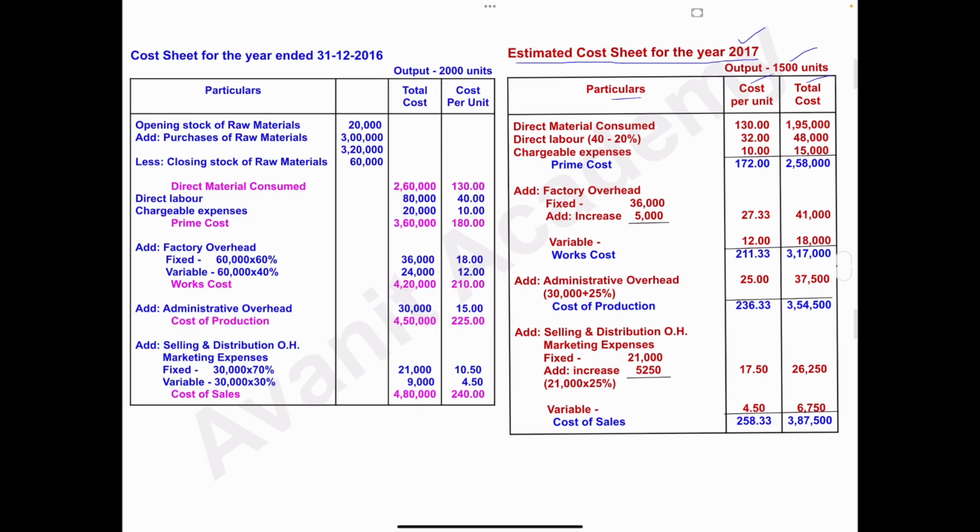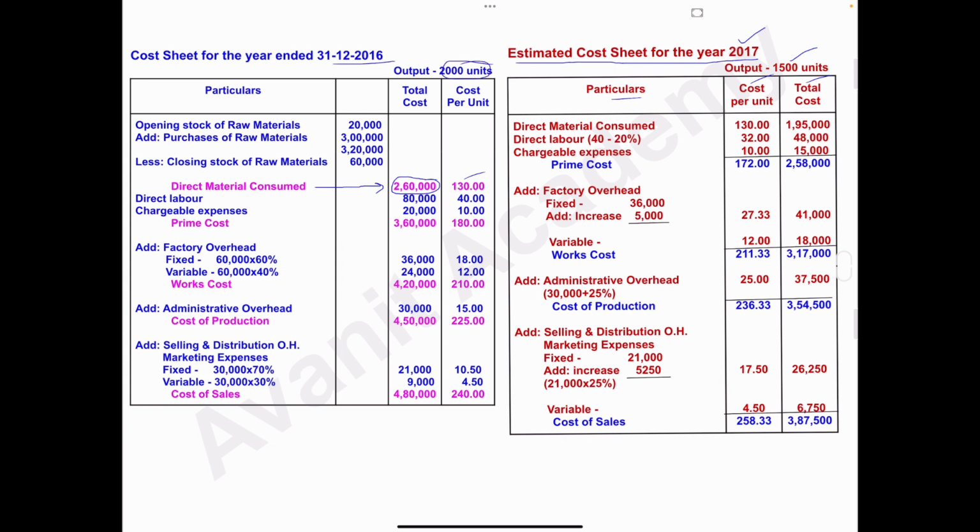Cost sheet for the year 2016. Just now we have prepared it. Direct material consumed during this period is total 2,60,000 and cost per unit is 130. We will not take 2,60,000 rupees because this is the total direct material cost of 2,000 units.